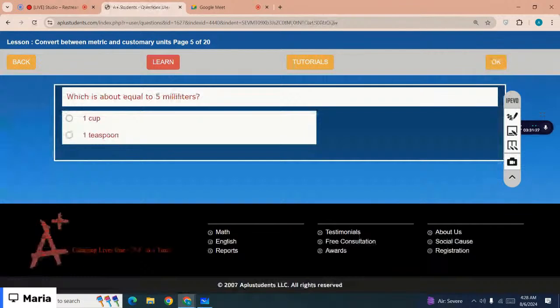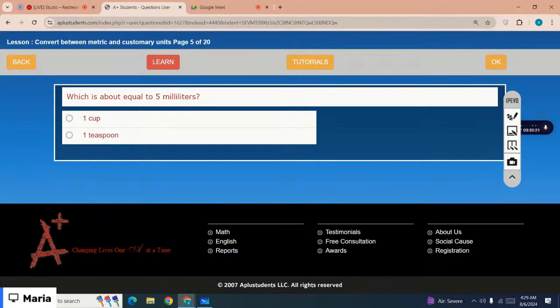Which is about equal to 5 milliliters, 1 cup, 1 teaspoon? The correct option is 1 teaspoon.